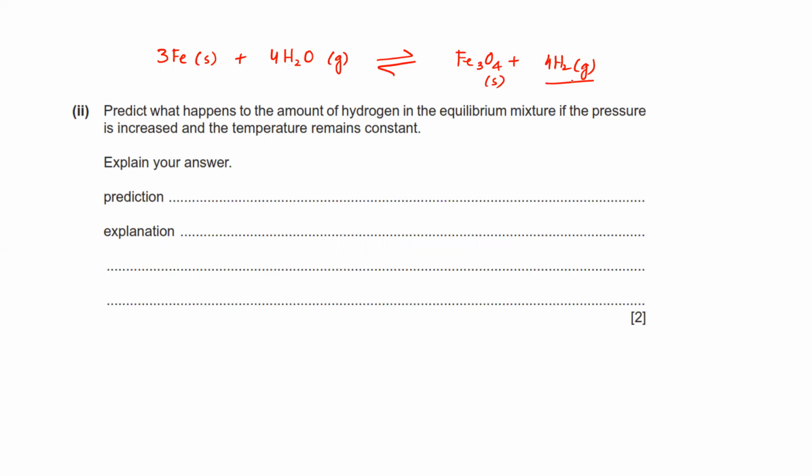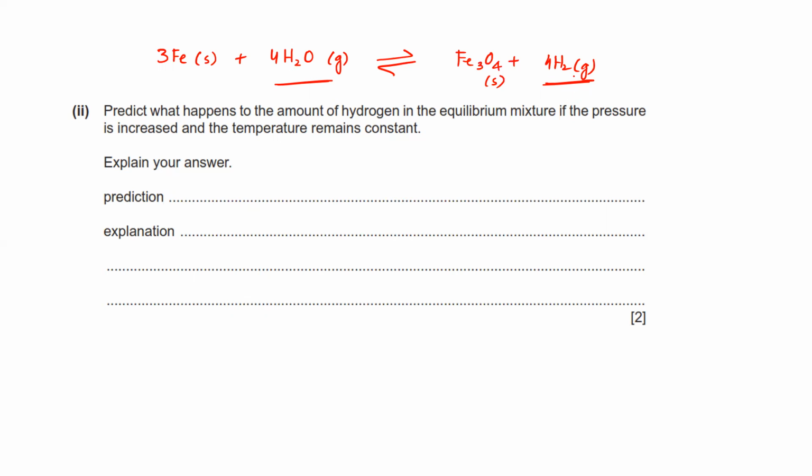So we have one gas in the products and one gas in the reactants. And when we increase the pressure, the effect primarily goes on the gases rather than the solids. So we see that the number of moles on the left hand side are equal to the number of moles on the right hand side. So 4 moles of gases are here, 4 moles of gases are here.